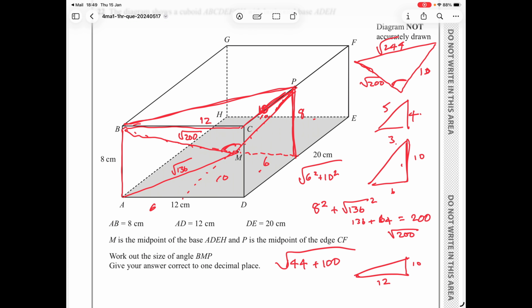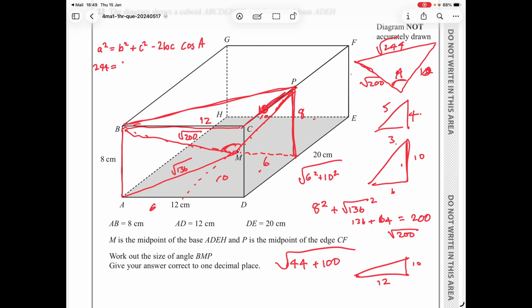So we know that a squared equals b squared plus c squared minus 2bc cos A, which would give me that one. So it will be 244 equals, can't read that one over there, 10 equals 200.